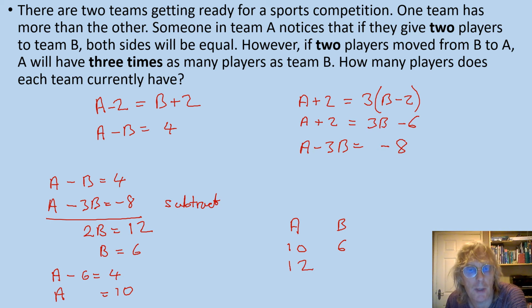B loses 2 players, it will go to 4. 12 is 3 times 4, so 3 times as big. If A was to lose 2 players, it would go to 8. B was to gain 2 players, it would go to 8.